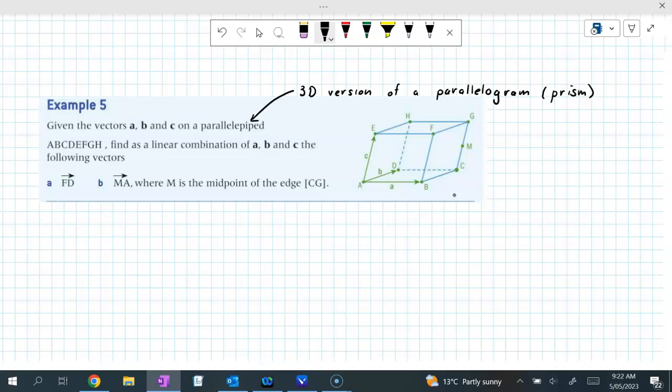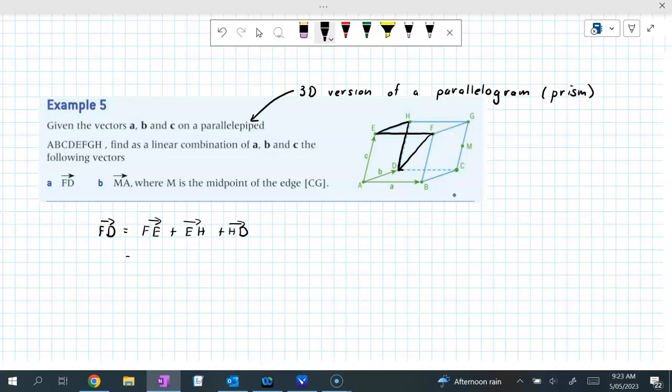So FD is from here down to there, which means you've got to start at F and get to D. So I go this way, and I go this way, and I go down here. There are probably some other routes that still give you the same answer. So FD is equal to FE plus EH plus HD.